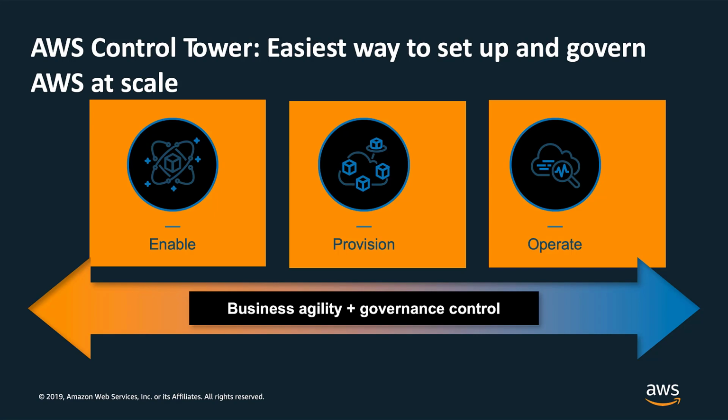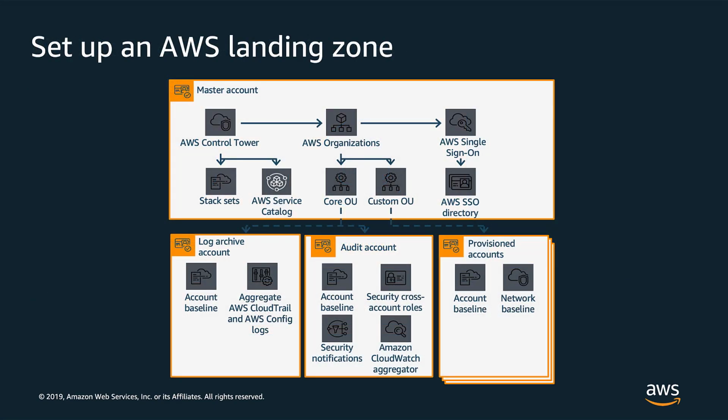But how does that really work, right? It sounds great, but what do you get when you deploy AWS Control Tower? So let's take a quick look at the automated AWS landing zone, which is a great feature of AWS Control Tower. A landing zone is a well-architected multi-account AWS environment.